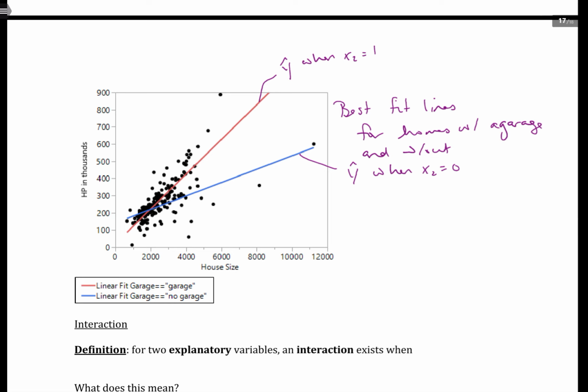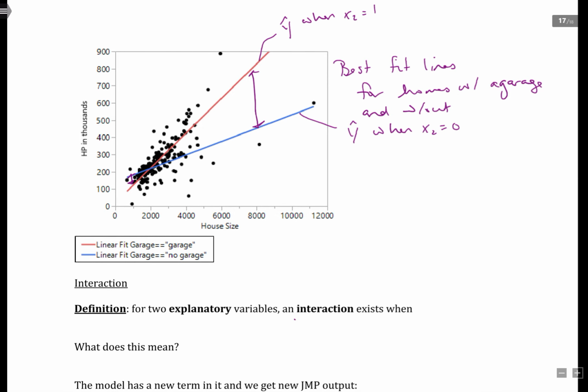But now we can see that this difference is no longer constant. When we have a home with a garage, the slope is different than for homes without garages. So if we just look at the best fit lines, we get a different relationship between house size and price depending on the level of x2. And that gives us evidence of an interaction.